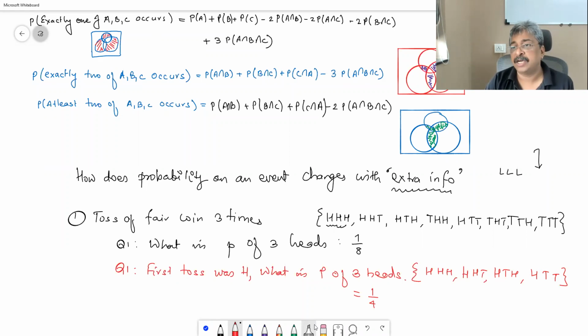So we are putting an additional condition and asking the probability question. It is called conditional probability.